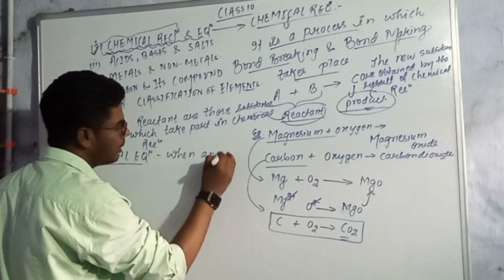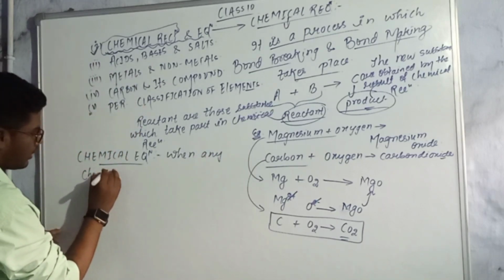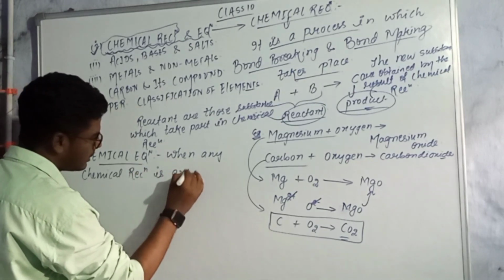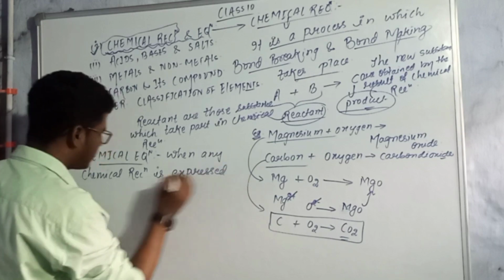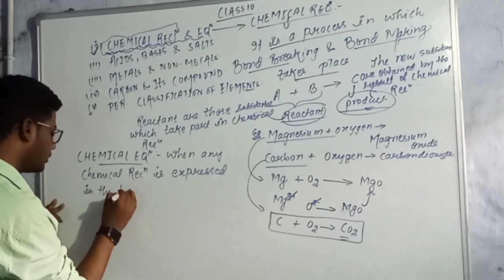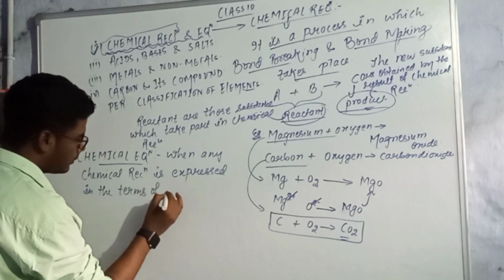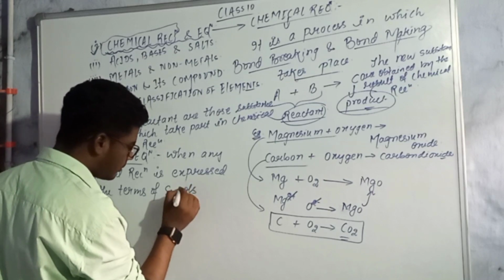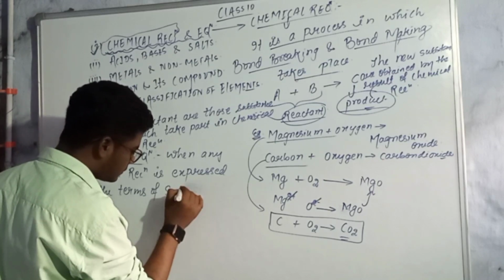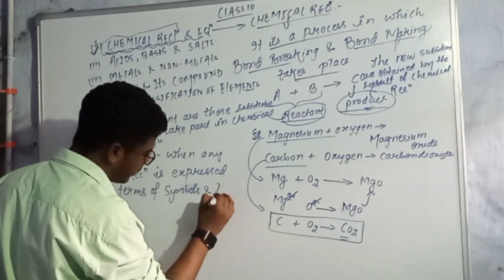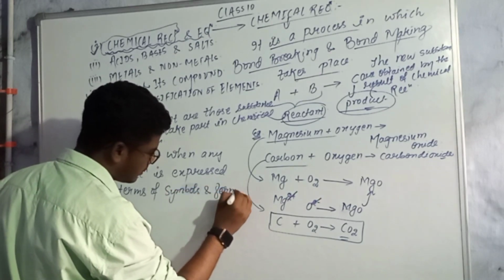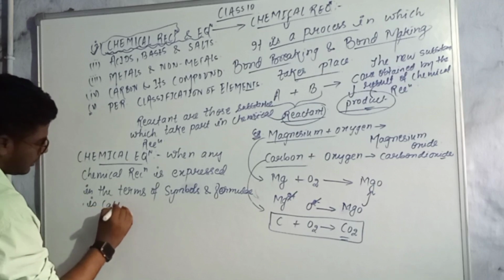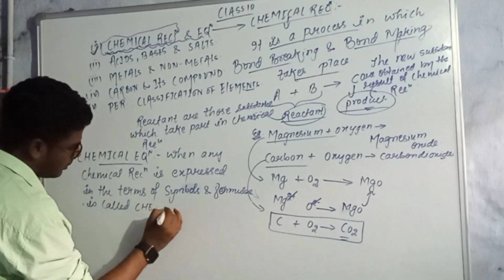When a chemical reaction is expressed in terms of symbols and formulas, it is called a chemical equation.